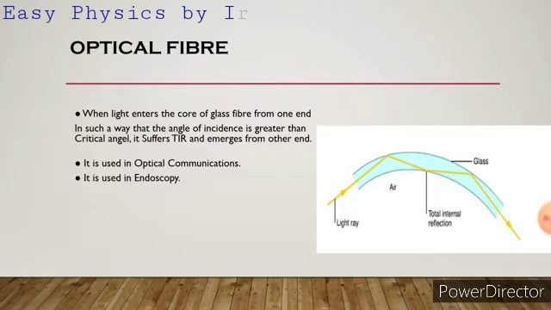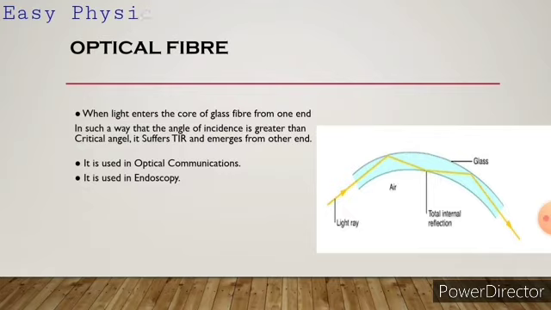Let us learn. When light enters the core of glass fiber from one end in such a way that the angle of incidence is greater than critical angle, it suffers total internal reflection and emerges from other end. You can observe this in the picture. See, the optical fiber contains few parts, that is core.